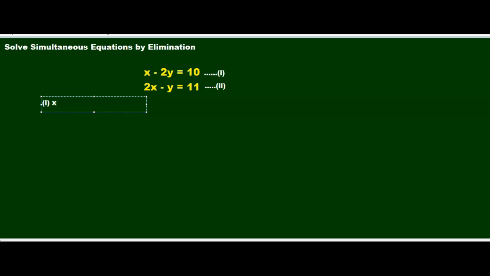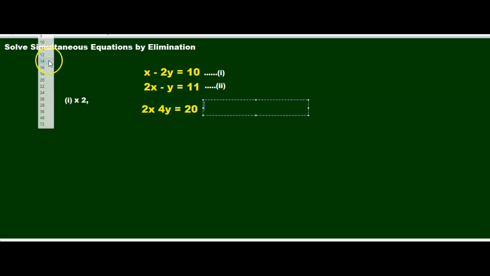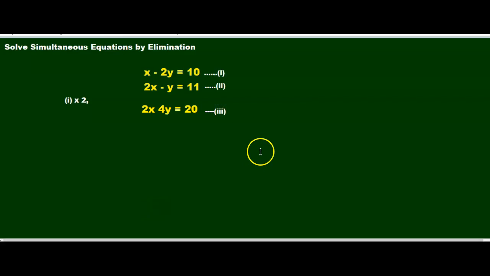So let's say we have equation 1 times 2. That gives me 2 times x gives me 2x minus 2y times 2 gives me 4y equals 10 times 2 gives me 20. And I'm going to call that equation 3. Okay.